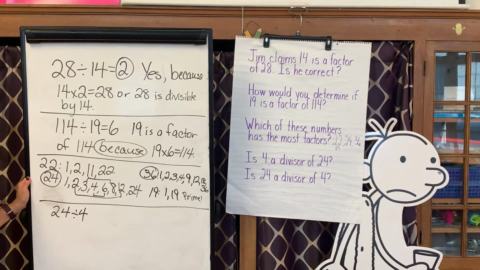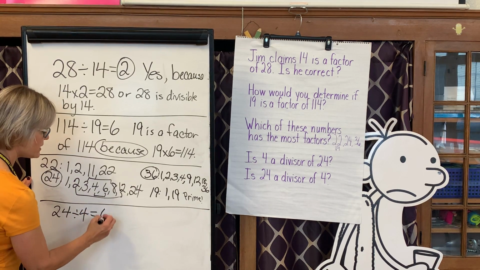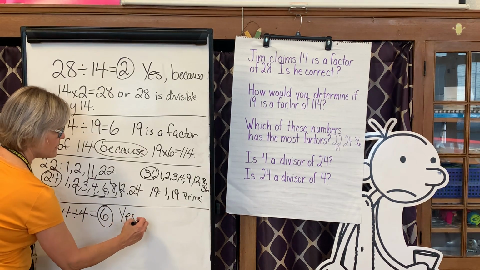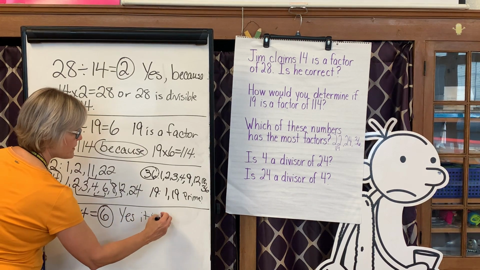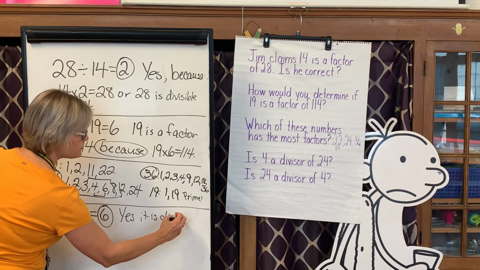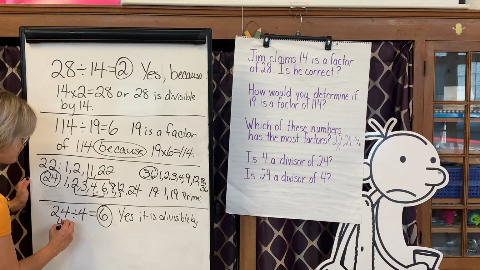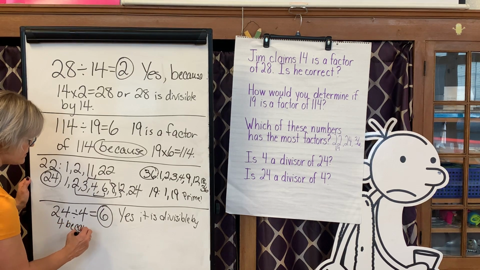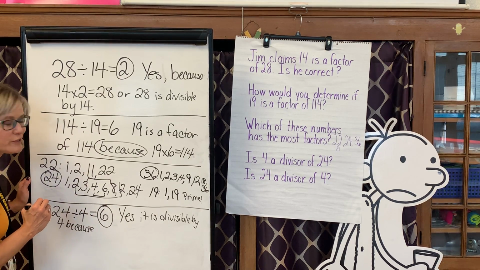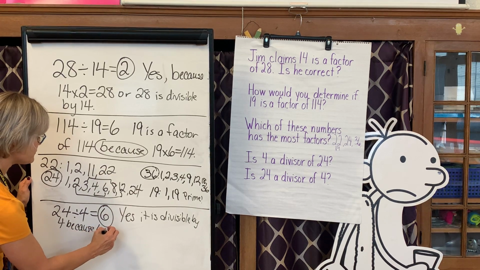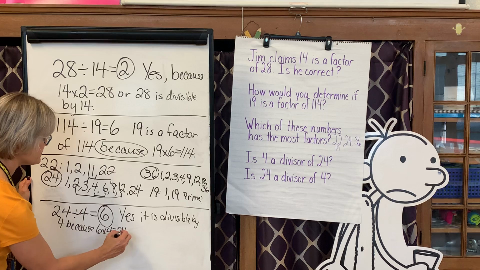Can I make groups of 4 out of 24? Well, yes I can. 6. 6 groups. So yes, it is divisible by 4 because, you glue on your proof, all right? Because 6 times 4 equals 24.